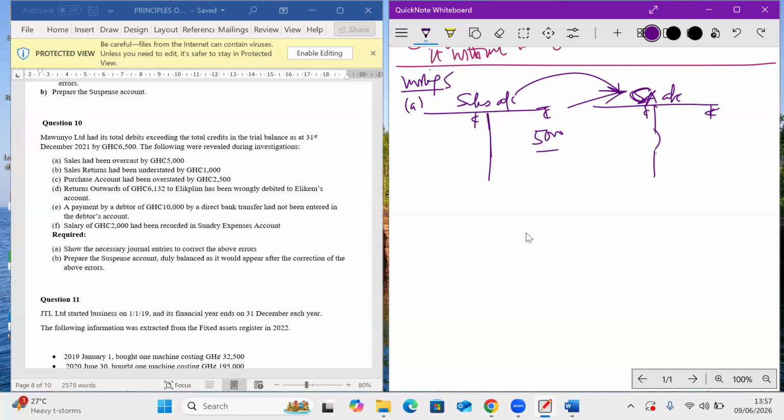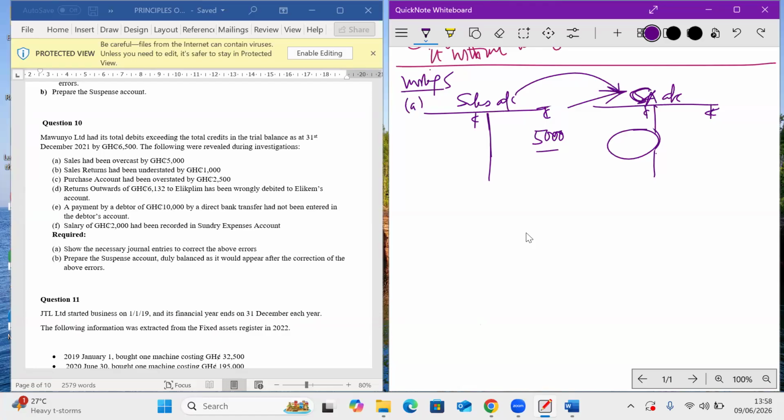Meaning that it's an excess. It implies that in the other account, the figure there is accurate. That is why they didn't make mention of the other account, because in accounting there should be two or more accounts which will take the double entry.